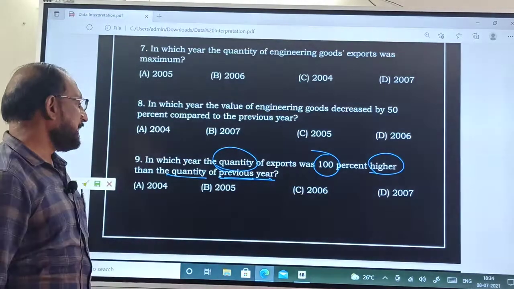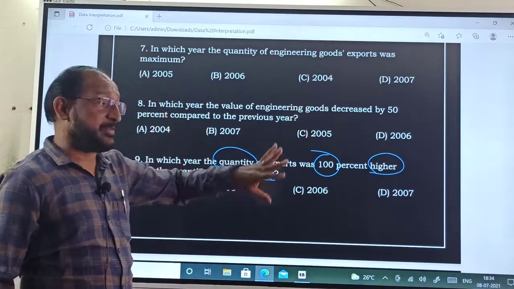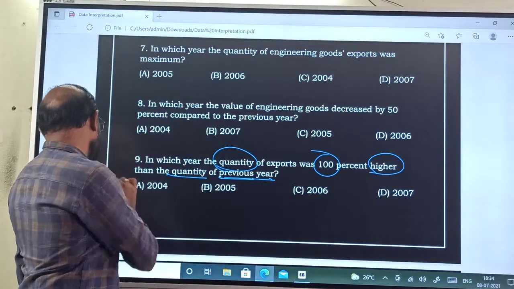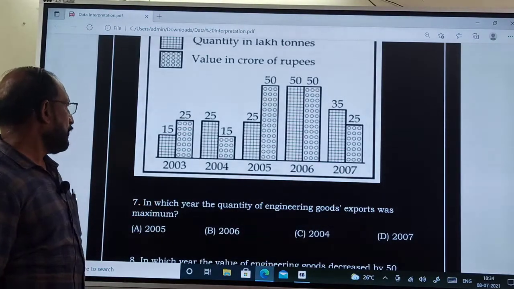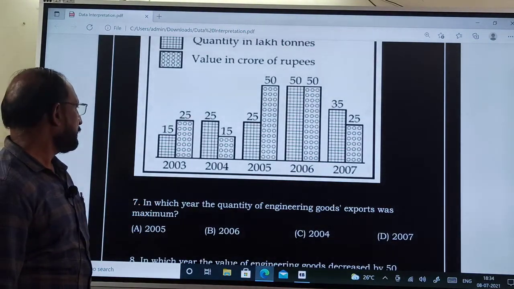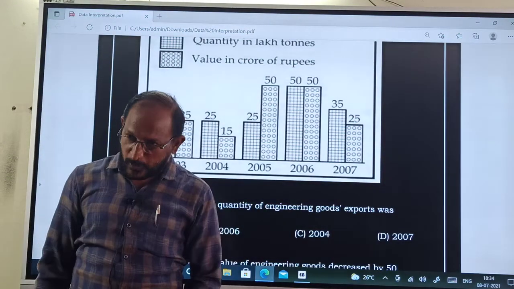Comparison of quantity, 100% higher than the previous year. Okay, sir. We will check this data. The problem is in the quantity only.